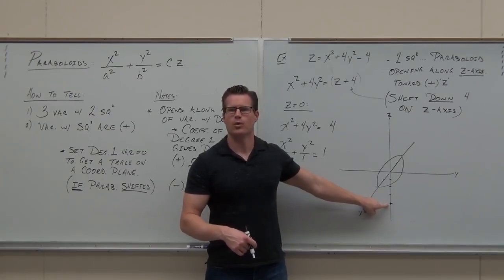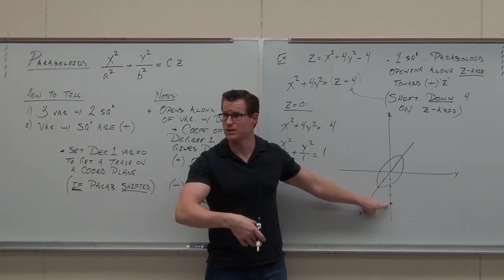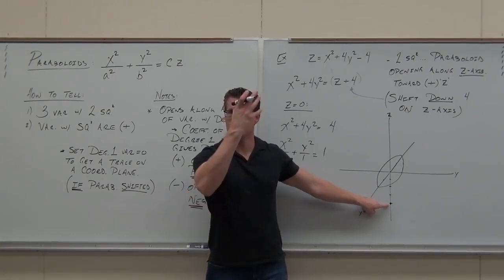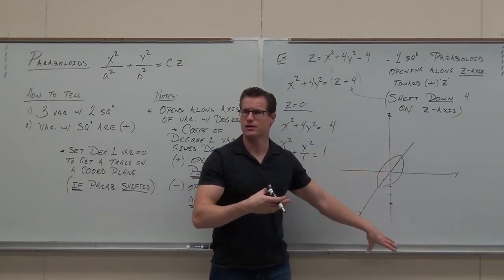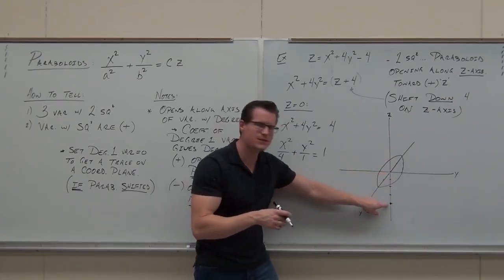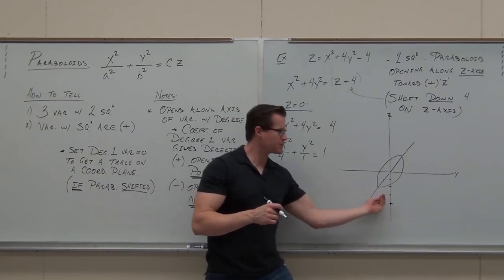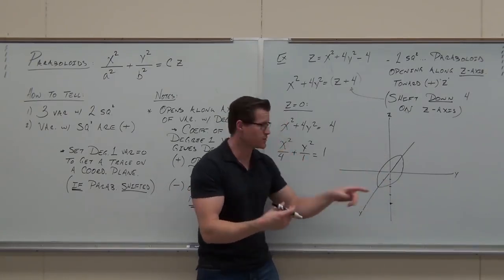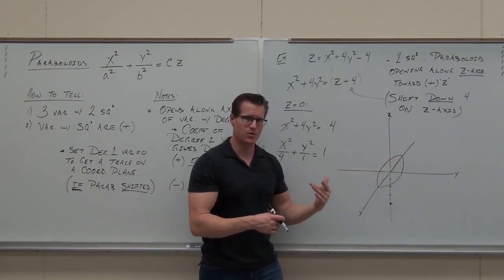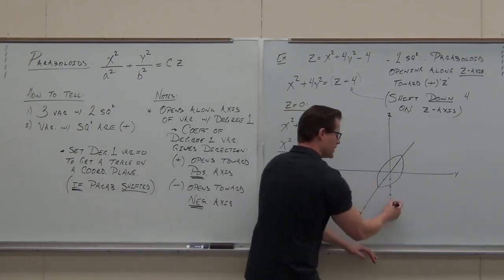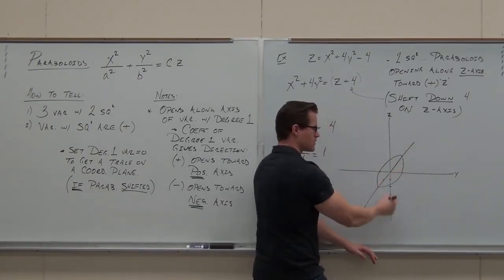What axis is this opening along? The z. So that makes sense. We're on the z. Is it opening towards the positive z or the negative z? So I have to intersect here. I also have to open this way. I also have to have that trace, which means that this paraboloid is going to go through here, through here, through here.